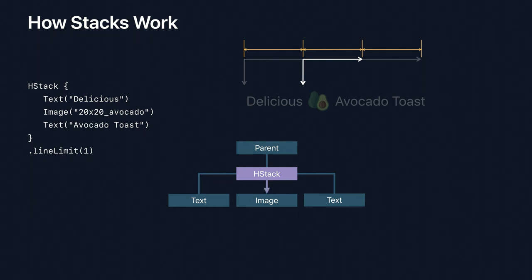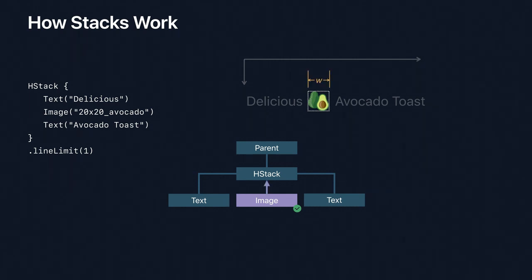And then we propose one of those as the size for the least flexible child. Now, we said the image was fixed sized, right? So that's the least flexible. So the image takes this much, and whatever size it claimed, we deduct that from the unallocated space.